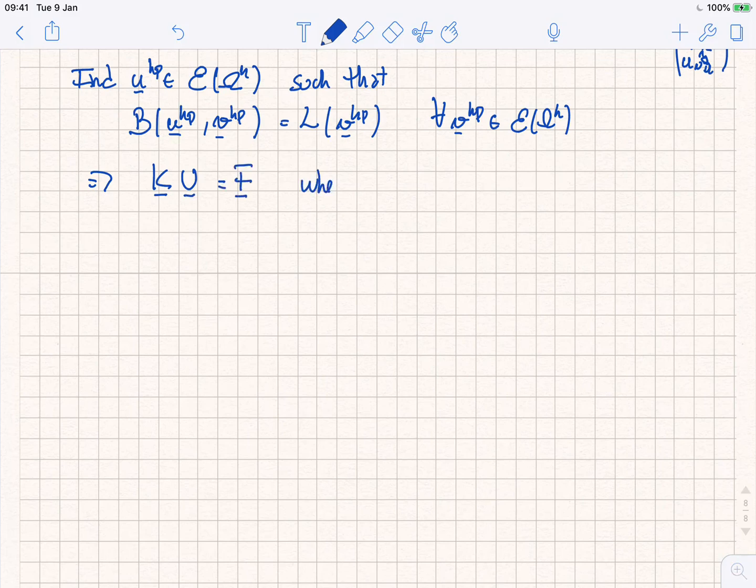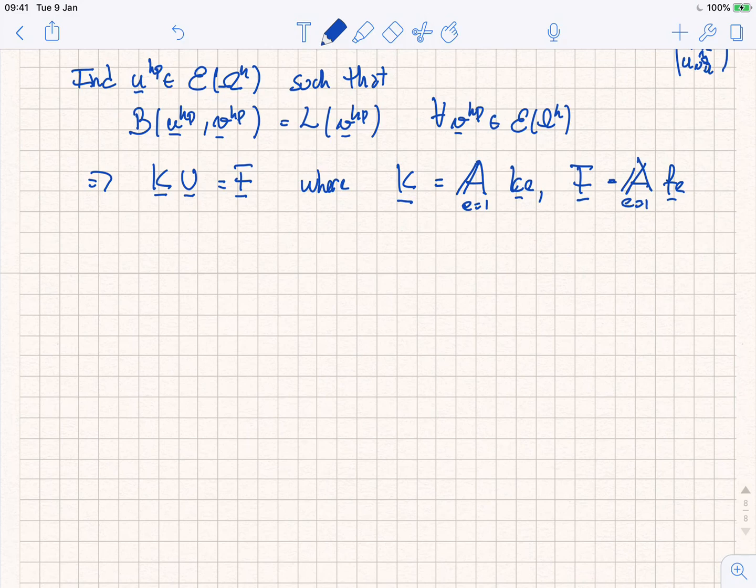And if you remember, K is our global stiffness matrix, obtained by performing an operation that we called assembly of local stiffness matrices. And then our force vector similarly is obtained by performing an assembly of local force vectors, F sub E.